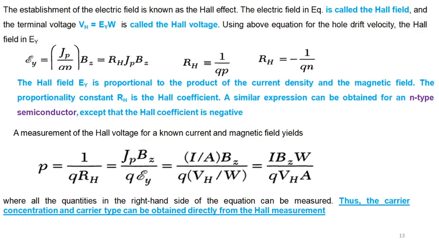Then R_H is equal to 1 upon q p, meaning the Hall coefficient is inversely proportional to p, the concentration of holes, where q is the charge and p is the charge carriers, that is holes. For electrons, R_H is equal to minus 1 upon q, and this sign is due to electrons having a negative charge. The Hall field is proportional to the product of current density and magnetic field, as given already.